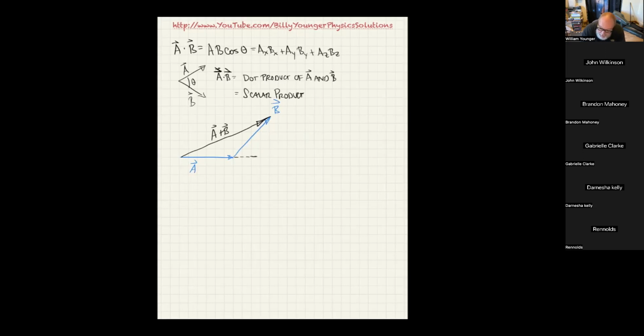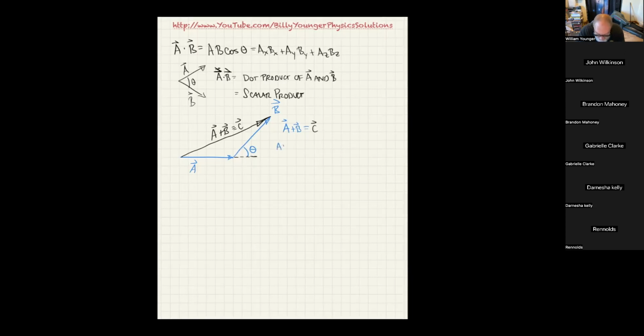I think you can also see that if A and B were tail to tail, then this angle right here would be the theta that we use for the dot product. So I can say that A plus B is equal to, let's define it to be C. And now I'm going to take the dot product of A plus B with itself.